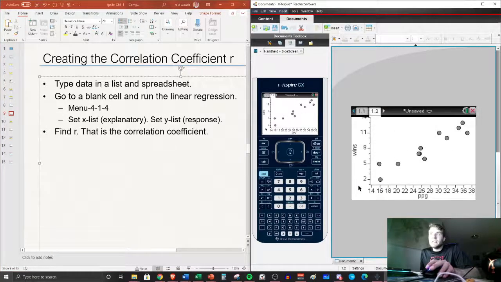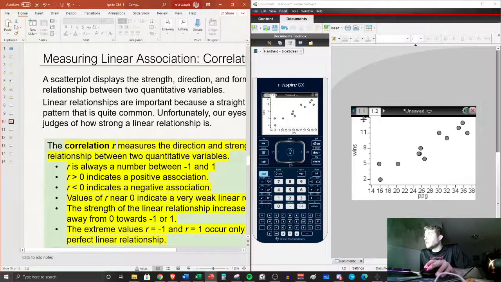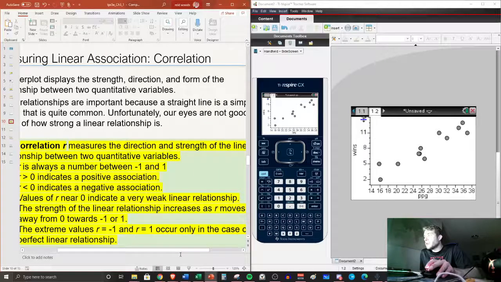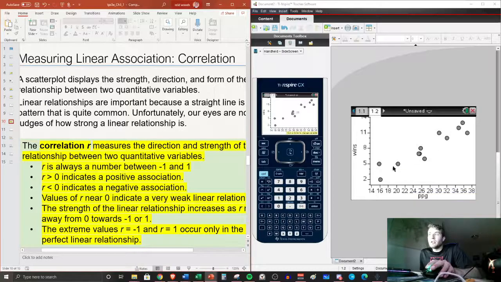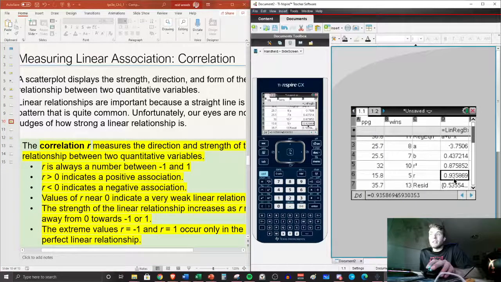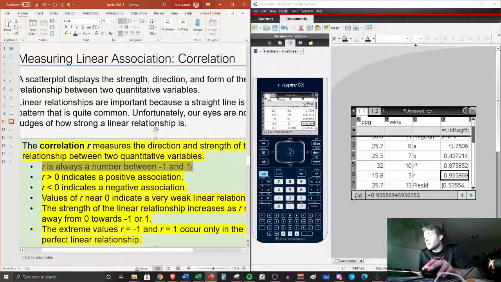So going back to this, and then we'll go back to our notes here with this, okay? This value is measuring the direction and strength of the line between these two quantitative variables. This is a linear relationship here. And based on the number we got, this 0.93, that is a really strong relationship. By the way, first bullet point, R is always a number between -1 and 1, okay?